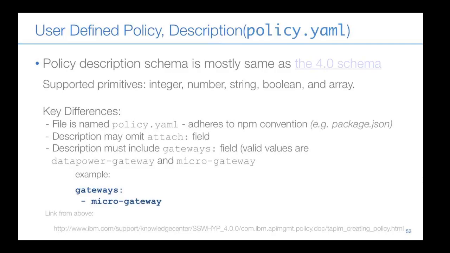I don't really see people doing that too much initially, but it may pick up over time. But it is required because the UI uses that as a hint to place this policy onto a palette for you to be able to drag over to your assembly. Next slide, Tim.